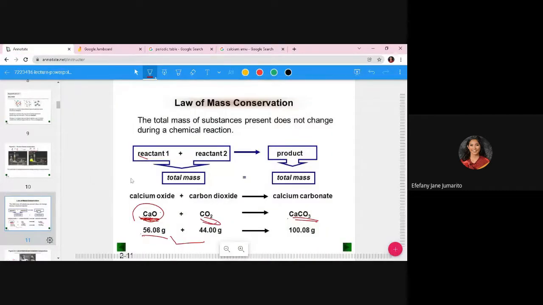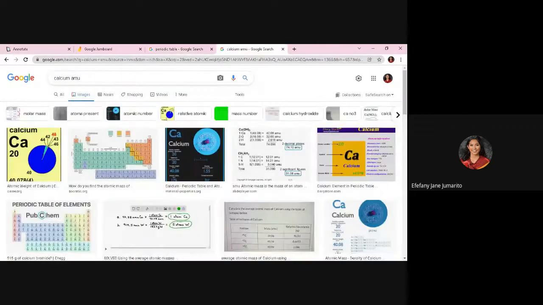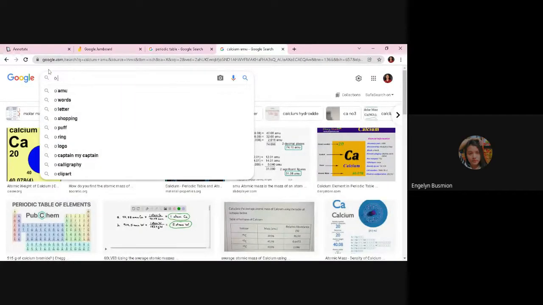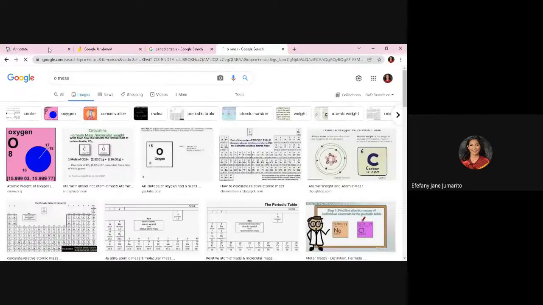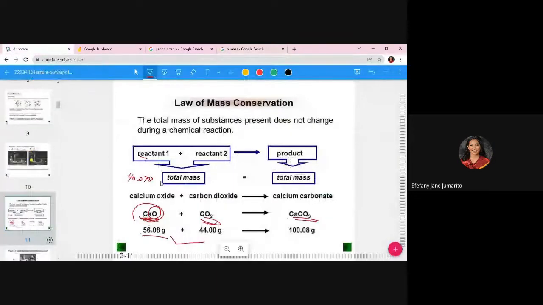So we have 40.078. Then we add oxygen. What is the mass of oxygen? We have 16. So plus 16, that is 56.08 grams.